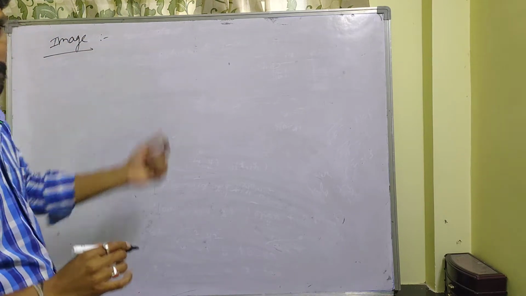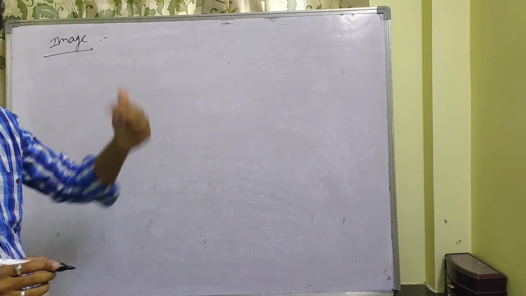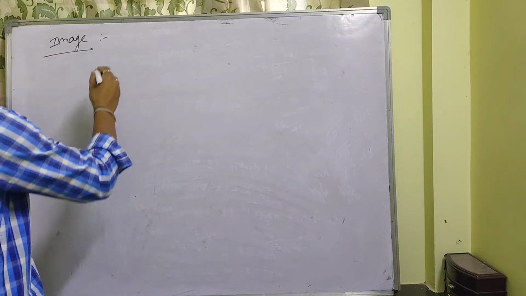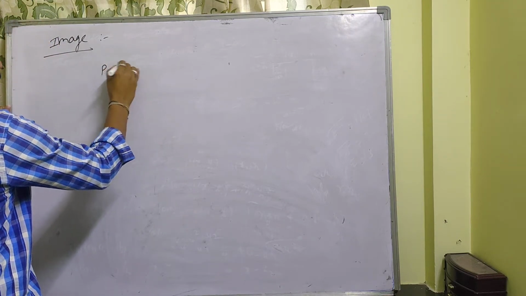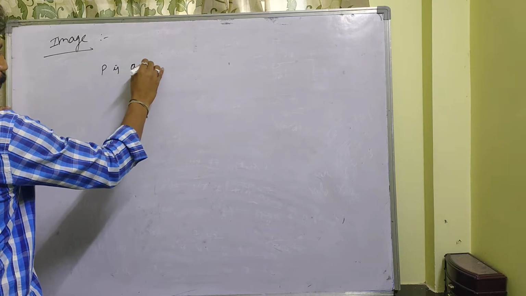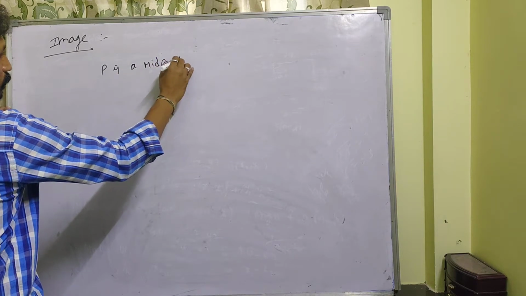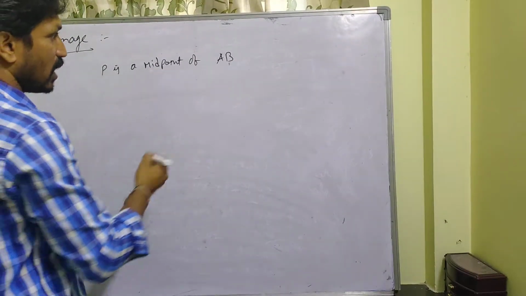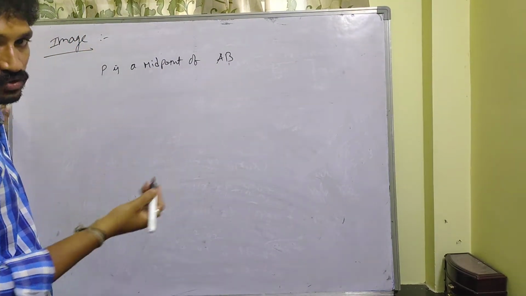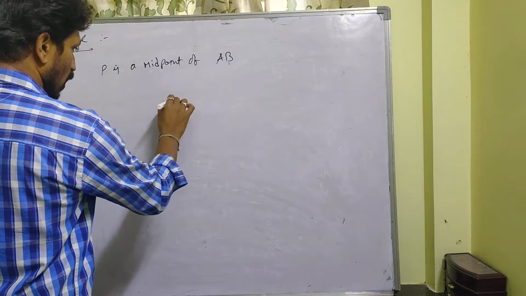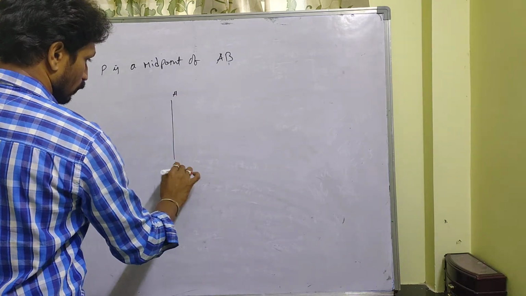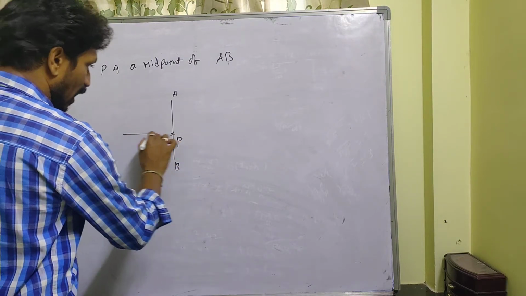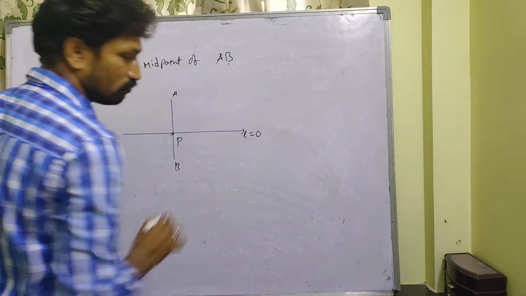Image of the point with respect to the x-axis or y-axis, whatever. See here, what does image mean? Suppose P is the midpoint of some line segment AB, where A is (x1, y1) and B is (x2, y2). So AB is like this, and P is the midpoint of AB, and this P lies on the line L equal to 0.